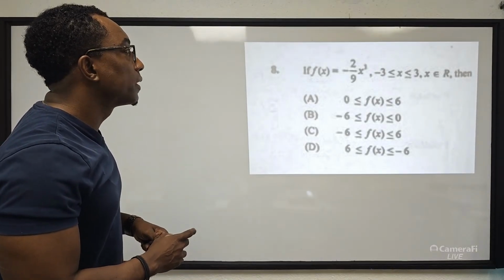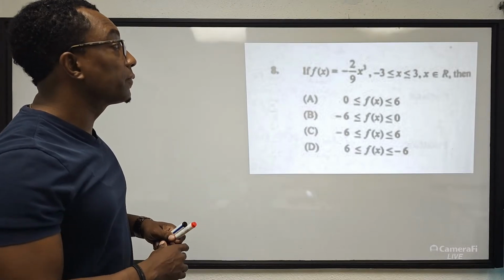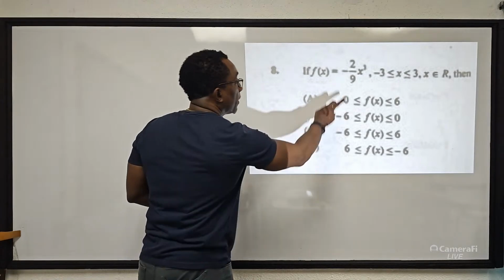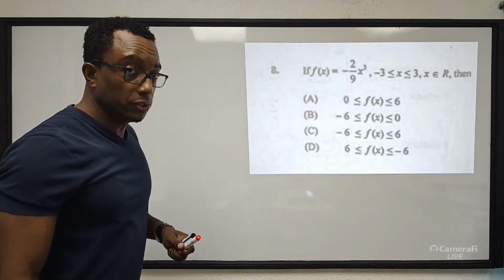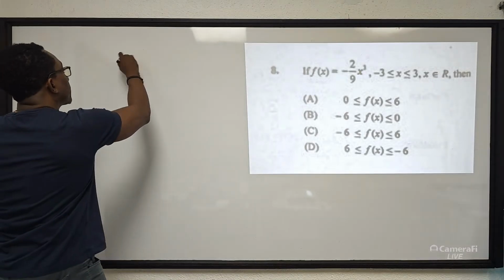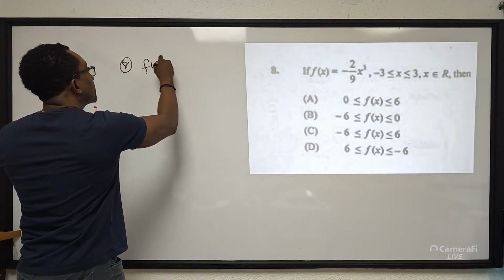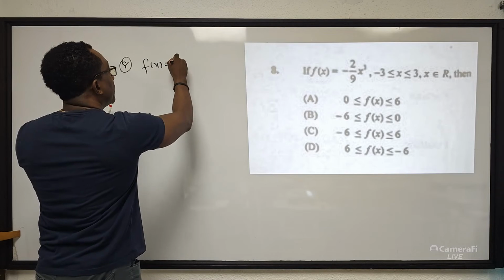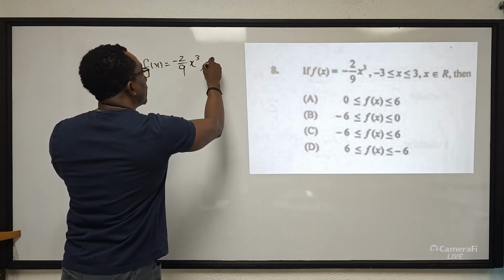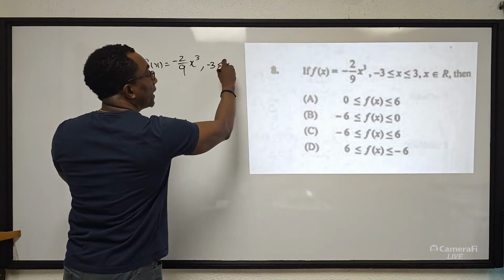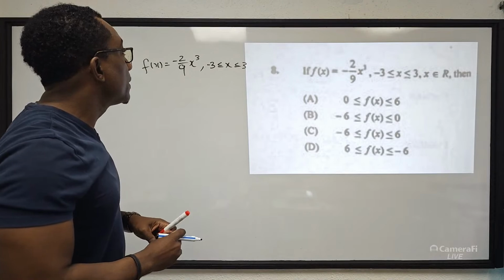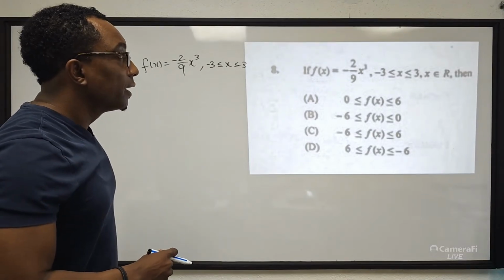Then for negative 3 less than or equal to x, less than or equal to 3, what I want us to do is to determine what is the range. Okay, so we have, for question 8, f of x is equal to negative 2/9 x cubed for negative 3 less than or equal to x less than or equal to 3. Good? So we want to determine what is the range.